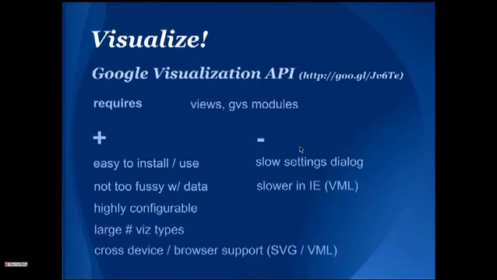That's basic, but it's important too. I mean, we need to have a decent presentation. So the Google API also has a large number of types, which I hope to delve further into in the Drupal lab, the ESIP meeting, and so on. It has good cross-device support.